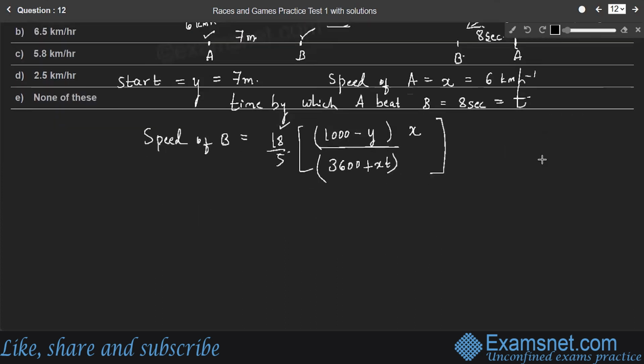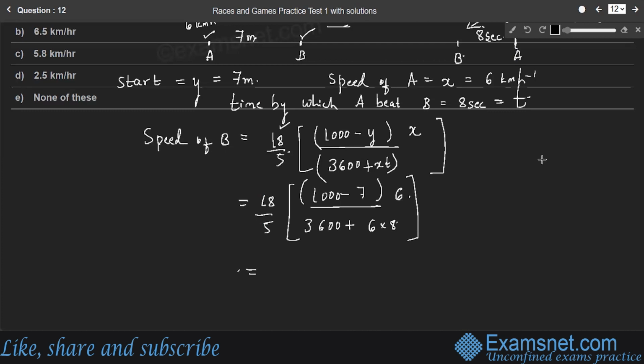Let us substitute the values. 18 by 5 into (1000 − 7), since start given was 7, right? 1000 − 7 divided by (3600 + X, which is 6 kilometer per hour, into time, which is 8 seconds), right? So into X, which is 6 kilometer per hour, right?